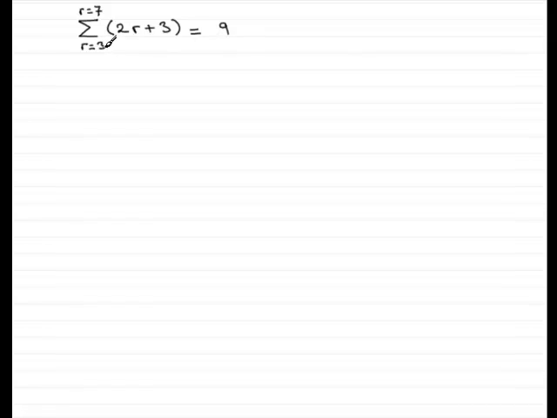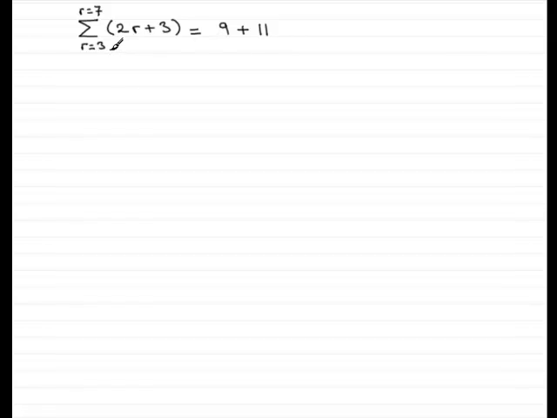That was when r is 3. Now we go up one more to r equals 4, sub it into here, and we have 2 times 4 is 8, plus 3 is 11. And because we're doing the sigma notation, it's plus the second term 11.